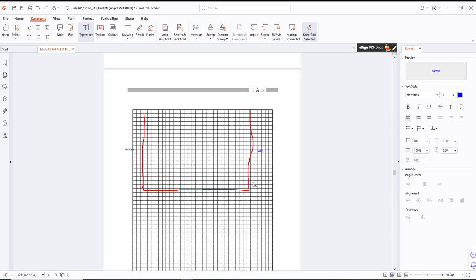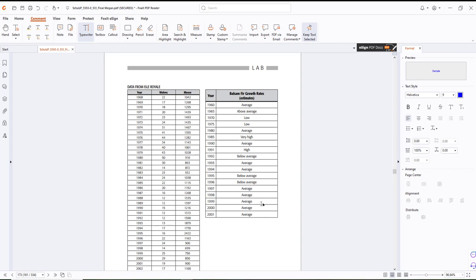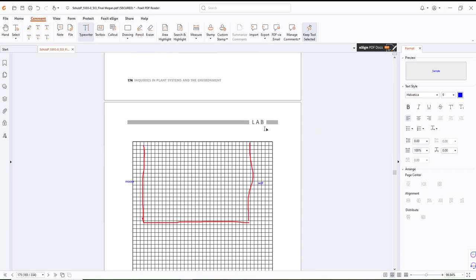If you take a look at the types of data, you have below average, average, low, and above average. When you're writing this out, you're going to put above average as one of the intervals, average as another one, and that's how you're going to graph it.